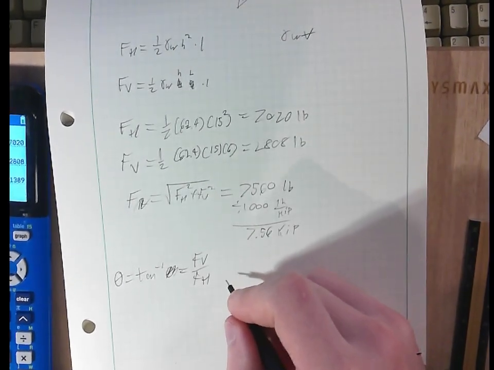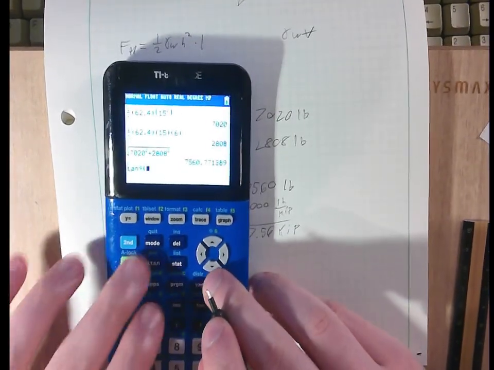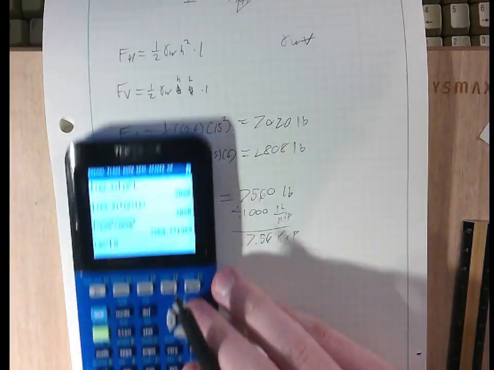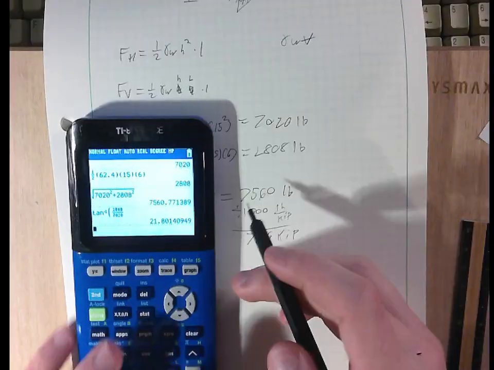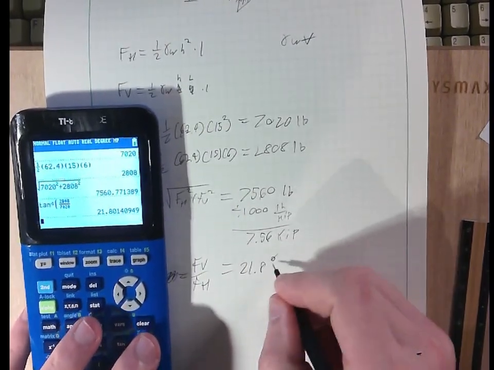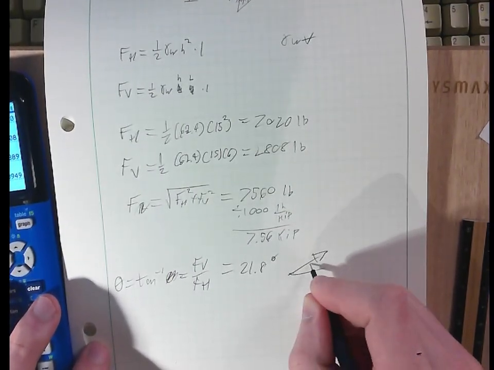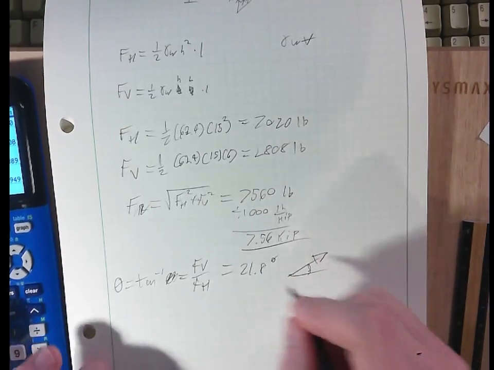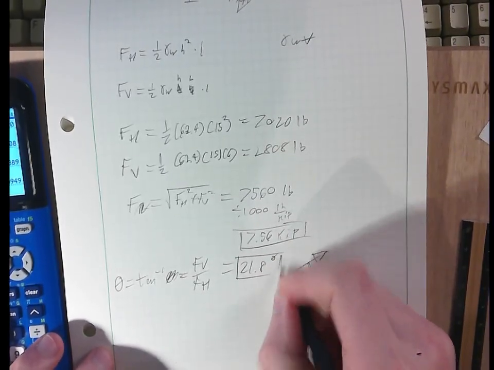So if we plug this in to our calculator, we just do inverse tan of our FV, which is 2808, over our 7020. And we get an angle of 21.8 degrees. And where is this? This angle is in the positive coordinate here. So right there is our force at A, and right here is our angle at A.